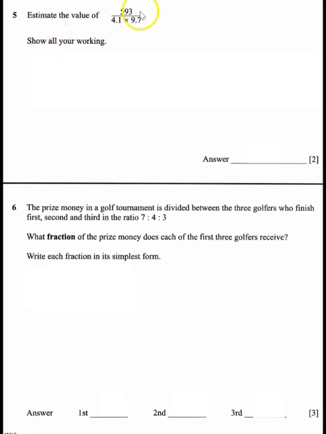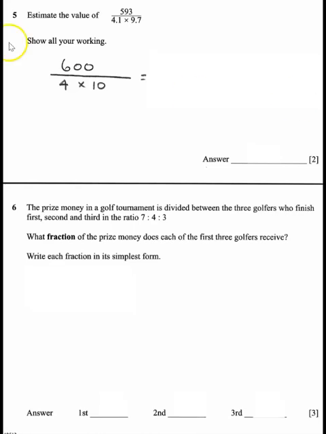And we can see it's 600. What's closest to 4.1? It's 4. And what's closest to 9.7? That would be 10. So the way we can rewrite that is 600 divided by 4 multiplied by 10.